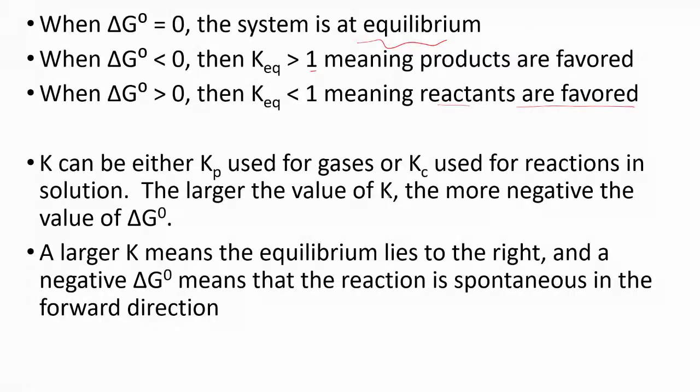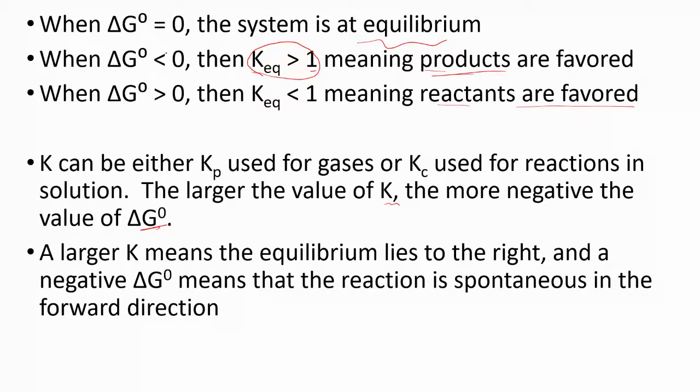But the larger the value of K, the more negative delta G is going to be because of this relationship between the two. So a larger K means our equilibrium is further to the right, okay? The larger the K above 1, products are favored. And a negative delta G means that our reaction is spontaneous in the forward direction.